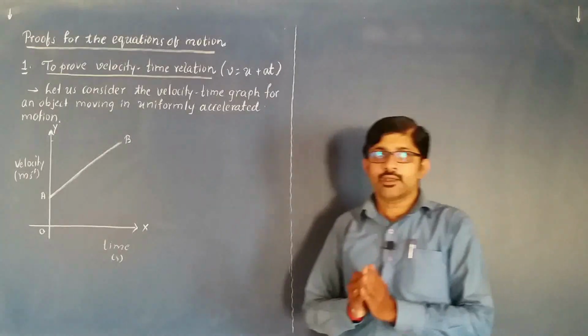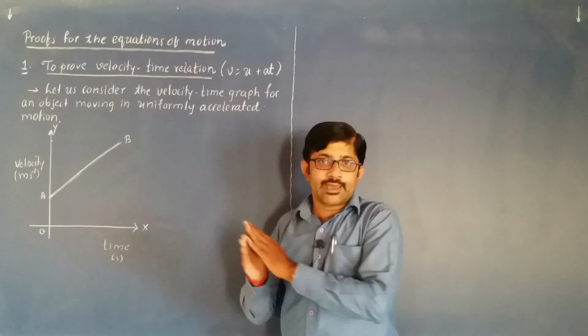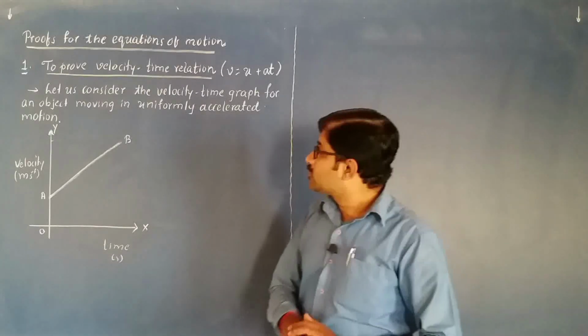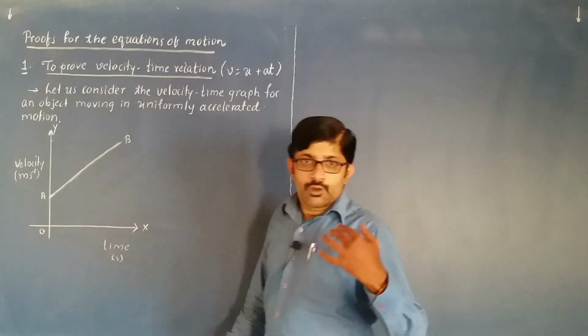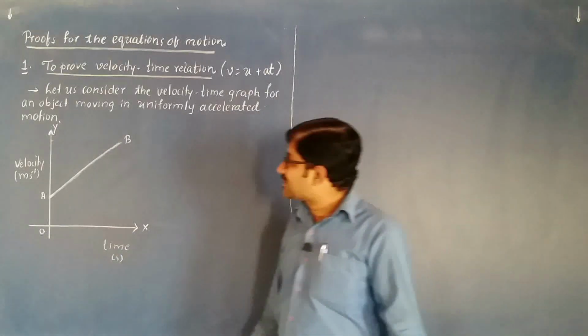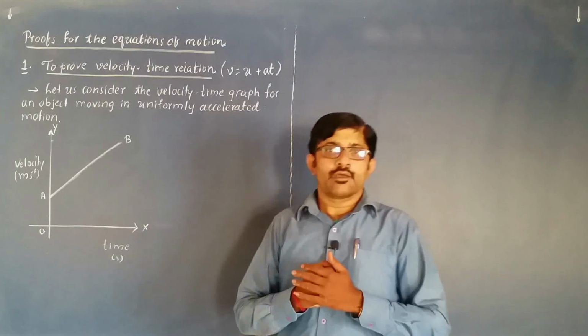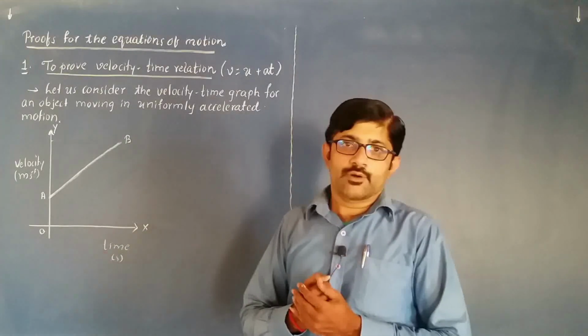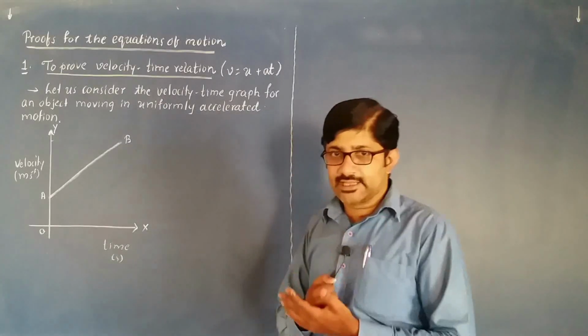I am bringing the object which is moving in uniformly accelerated motion, so that is given by this graph. That is known to us. So the velocity-time graph should be like this. We are considering the velocity-time graph for an object moving in uniformly accelerated motion.